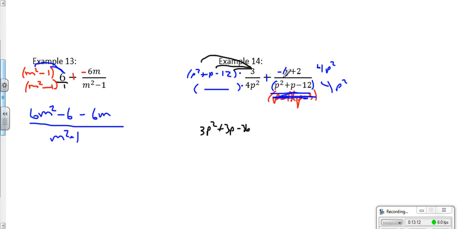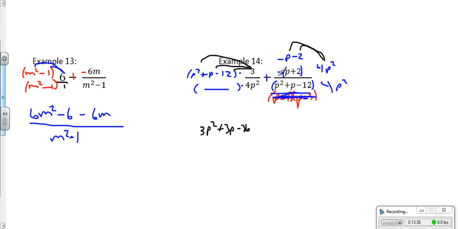Plus a negative what? Well, that means this whole numerator is actually negative p minus 2. So I'm going to take this 4p squared and distribute it to these two pieces. So that negative had to become a part of this. And last question I did it first, so I should have done it first here, but I forgot that part. So it happens to me too. But I did catch it.